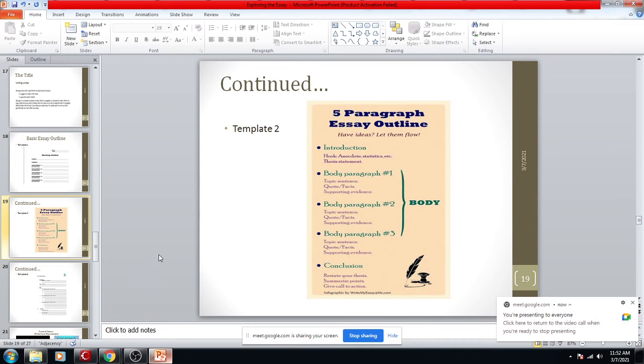Another outline you can use: Introduction, where you can write your hook, and then thesis statement. And then for each body paragraph, at least a topic sentence, and then the conclusion, your restatement sentence.